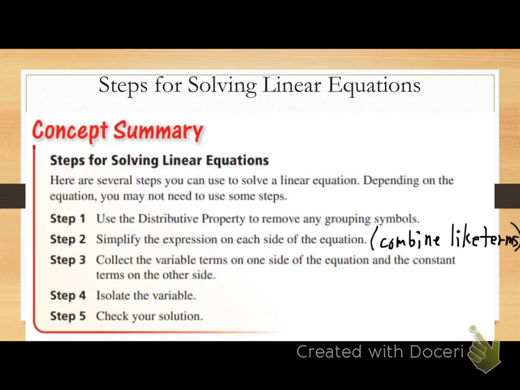Step 3, collect the variable terms on one side of the equation, and then the constant terms on the other side. Step 4, isolate the variable. Step 5, check your solution. Are there any questions over any of the steps we went over or any examples we went over?